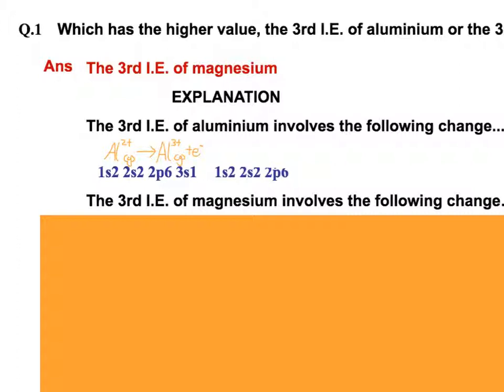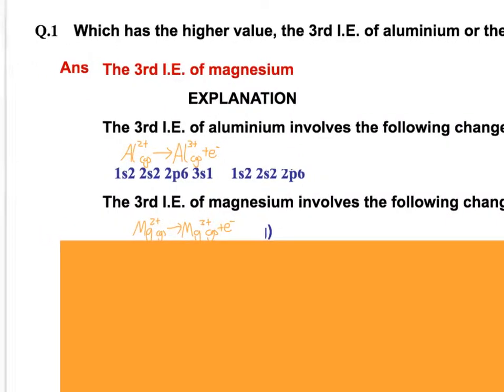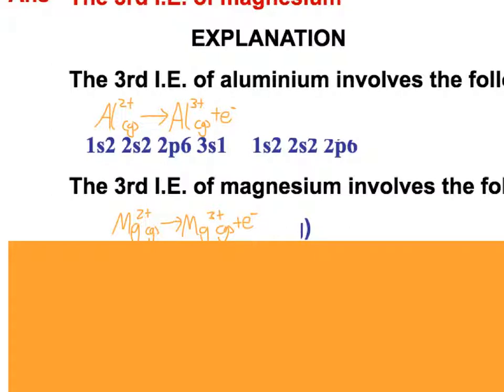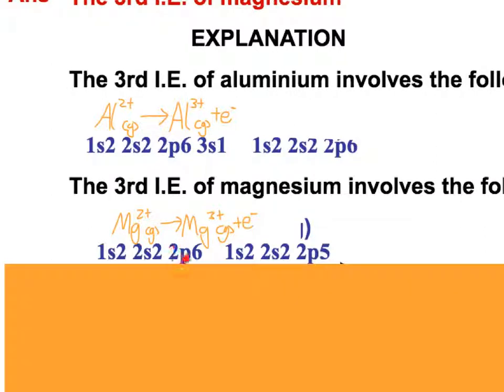Now let's compare it with magnesium. The third ionization of magnesium involves, again, pretty similar change. It's a 2+ ion going to a 3+ ion. But let's look at the electronic configuration. This is where the answer comes in. The electronic configuration of magnesium 2+ is 1s2, 2s2, 2p6.